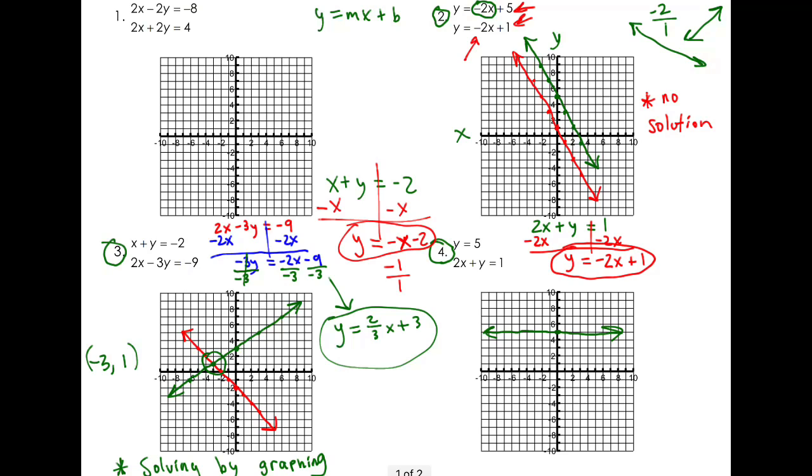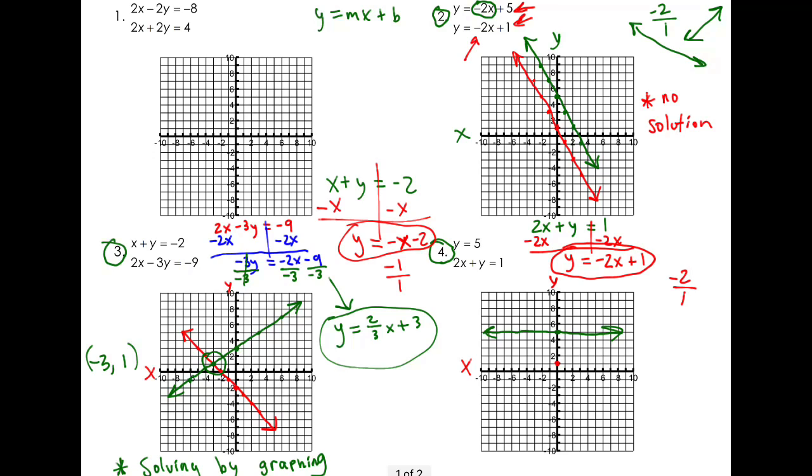So our y-intercept is positive 1 on the y-axis. This is x. Okay. So now our slope is a negative 2, same thing as negative 2 over 1. Okay, rise over run. So we go to our point and we count up 2.